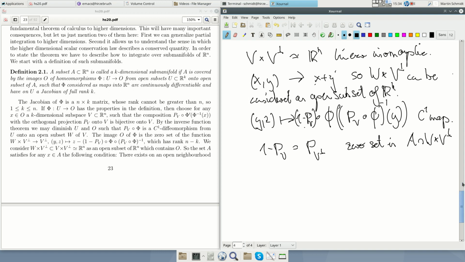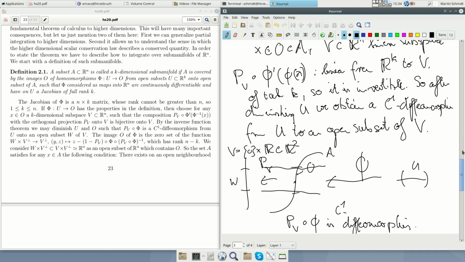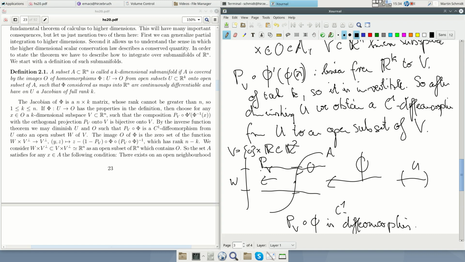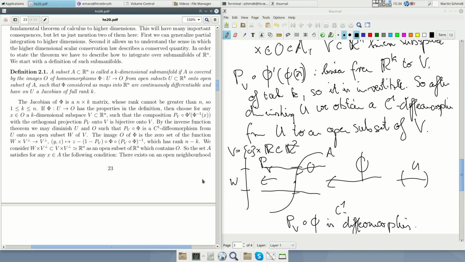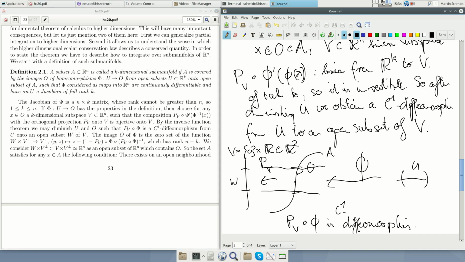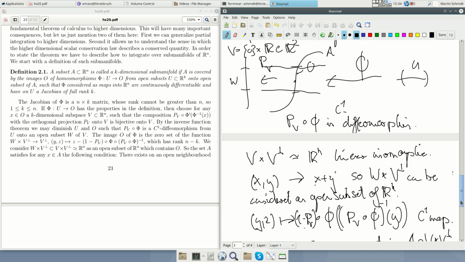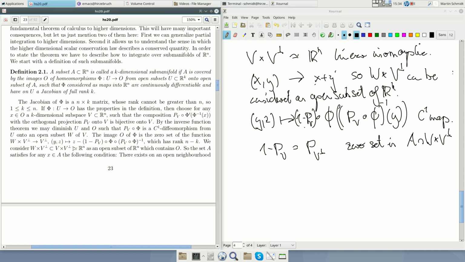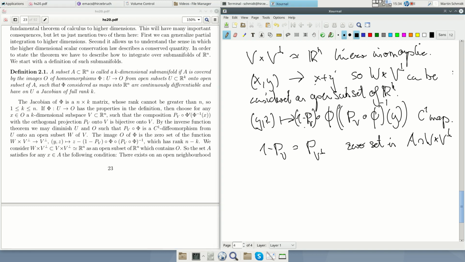Maybe in our example, some later part may also come to this strip, so maybe we should restrict this to a tubular neighborhood, but this is not really important. And clearly this map has rank n minus k.